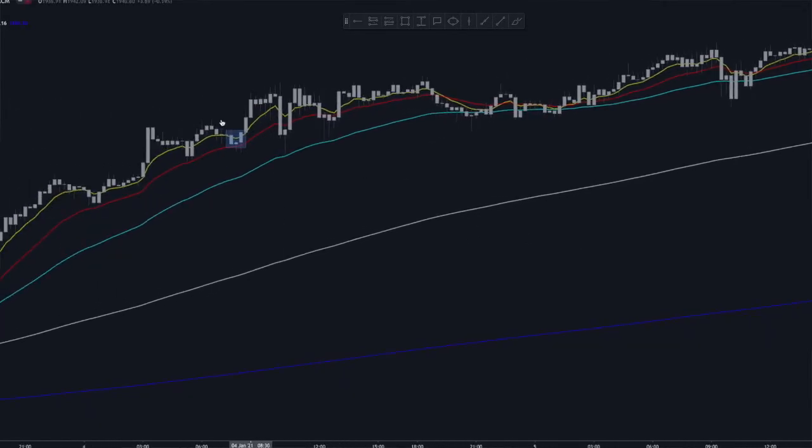But programmatically, there's no command for moves off of the 21 EMA. You could say that when the opening price of the candle is equal to the 21 EMA, but that's never the case. Or it is very rarely the case where the two prices are actually the same at the same time, right?